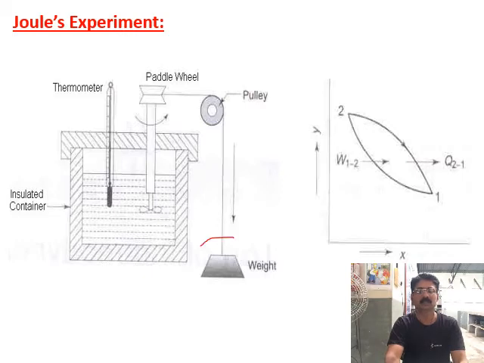You can easily find the work, because when this paddle wheel rotates, it is connected to a pulley, and through that to this weight. The weight can be either lowered or raised. By knowing the height to which it is lowered or raised, you can find the work as mgh or mgz, where z is the height to which it is lowered or raised.